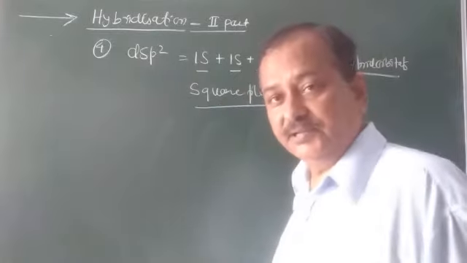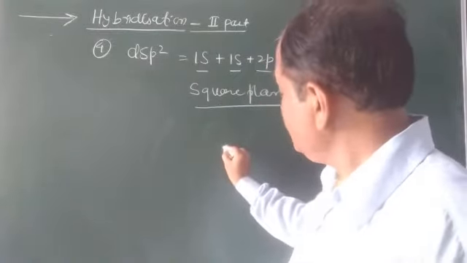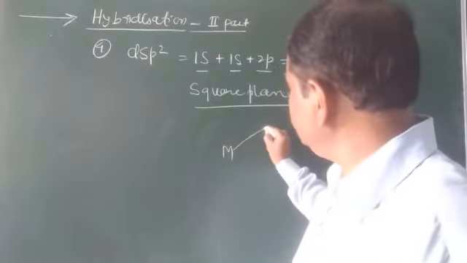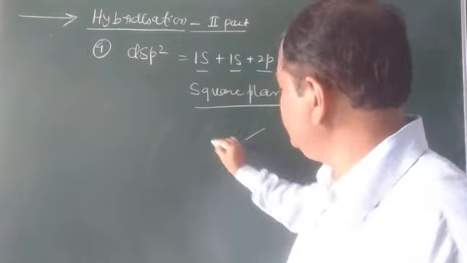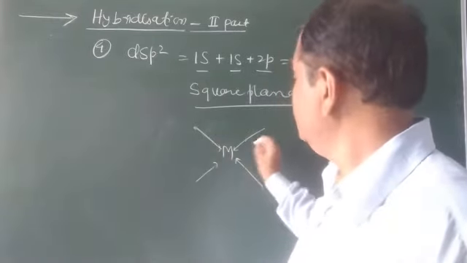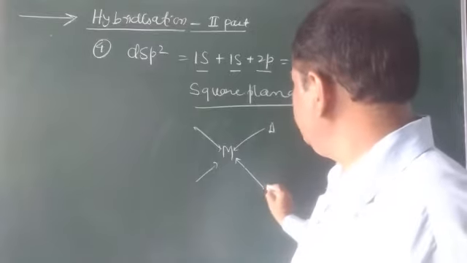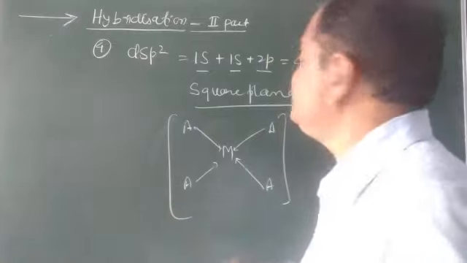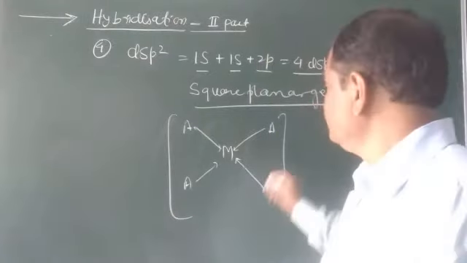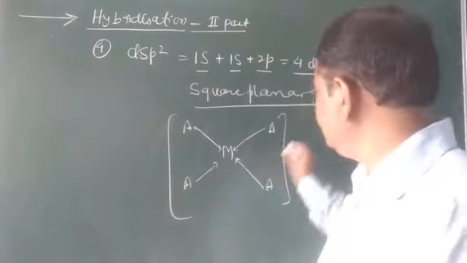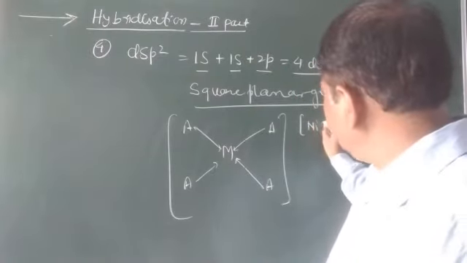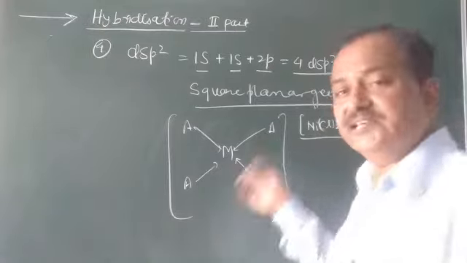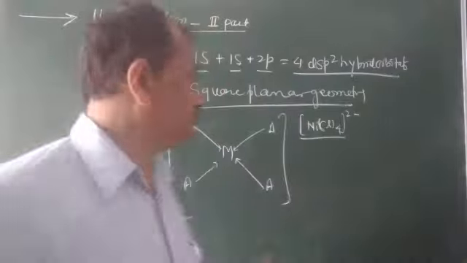If you take an atom M in the center, with other atoms A around it, they will have this kind of square planar geometry. As a brief introduction, take nickel, NiCl4 2 minus; this is in class 12.